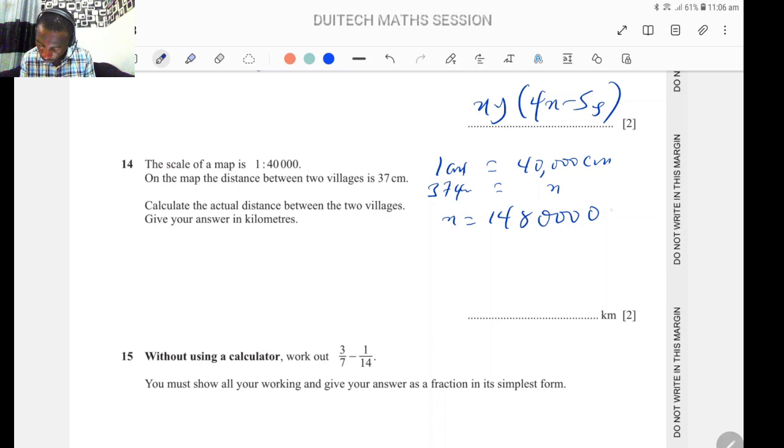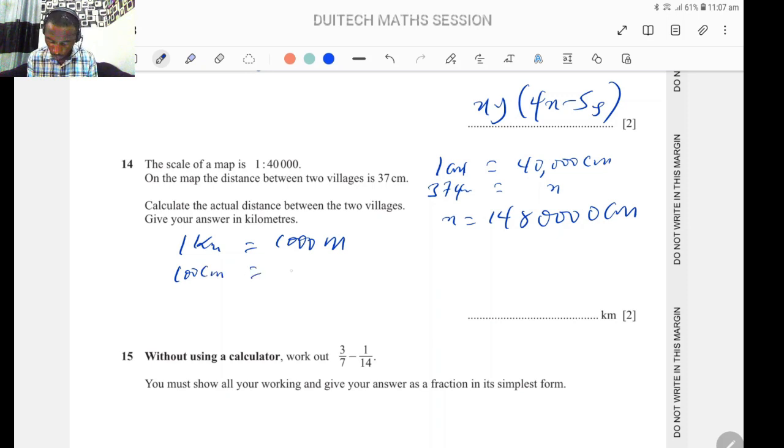So this is in centimeter already. So we know that 1 kilometer is equal to what? 1,000 meter, right? Good. Now if we go that way, we know that 100 centimeter is equal to what?